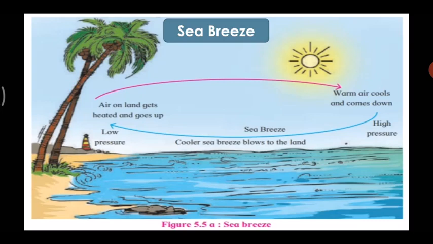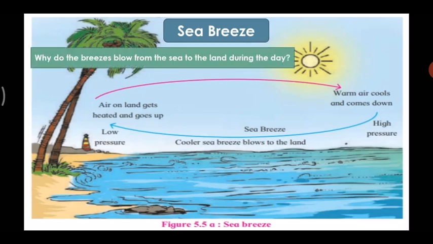This is a cycle from high pressure towards low pressure, from sea towards the land. That is why it is a sea breeze. Now, why does the breeze blow from the sea to the land during the day? Why does it blow?